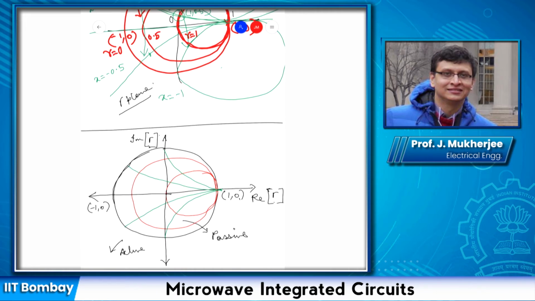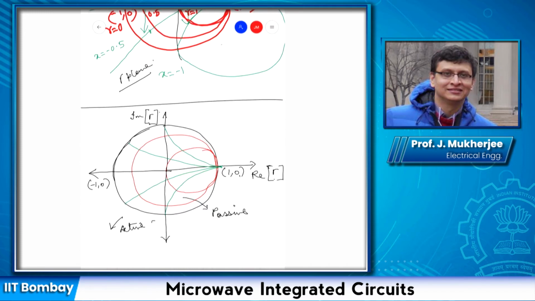You can check that out. I beg your pardon, all passive devices can be considered to have impedances or reflection coefficients which lie inside the unit circle, and all active devices will have reflection coefficients which lie outside the unit circle.